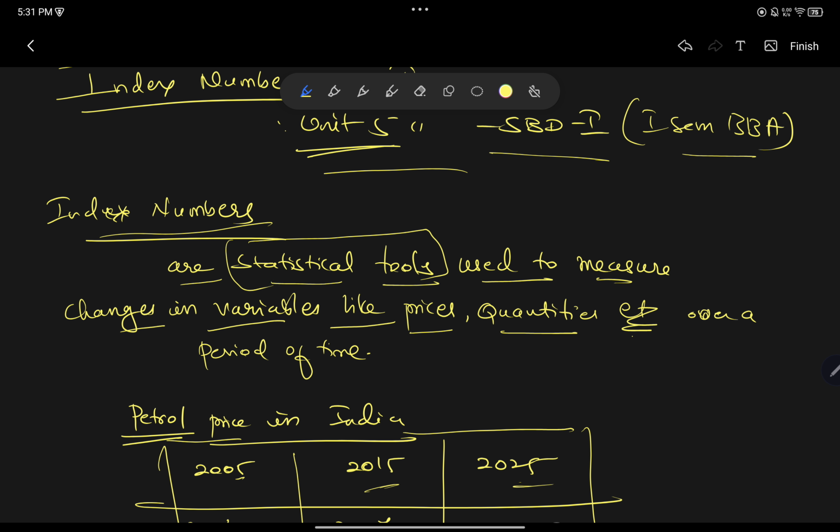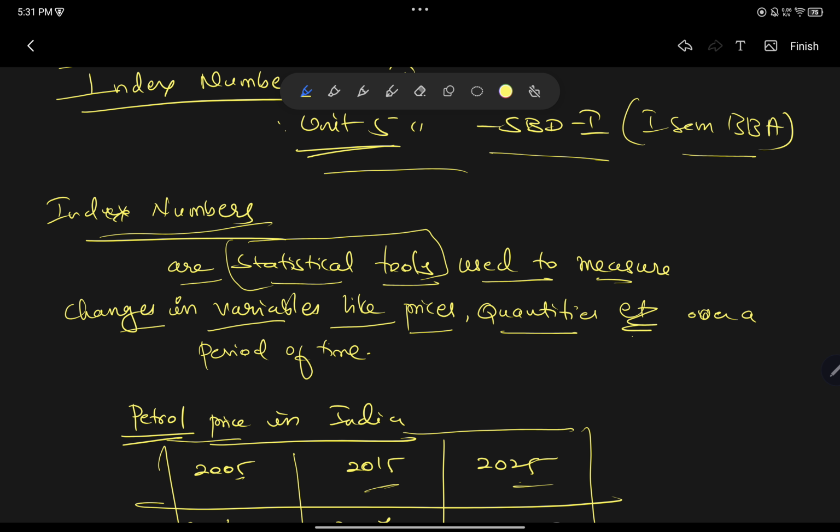Even we use correlation, regression, covariance, standard deviation, all other types of tools in statistics to find an answer to a question. That is why we call those all statistical tools. Here also, index number is a kind of statistical tool which is used to measure the changes in variables.